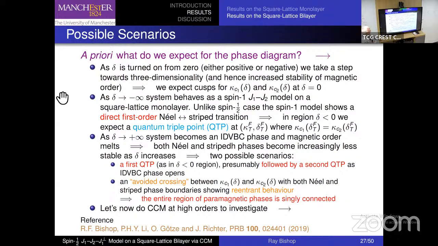And unlike the spin half case, the spin one model shows a direct transition from Néel to striped. It's not at a half, but it's a value quite close. There's no intermediate phases. So spin 1 is much less interesting than spin half. Again, no real surprise there, because as you go up in spin quantum number, you get more and more classical.